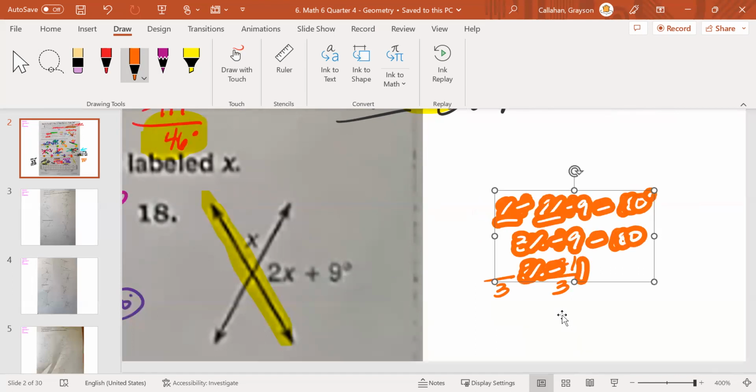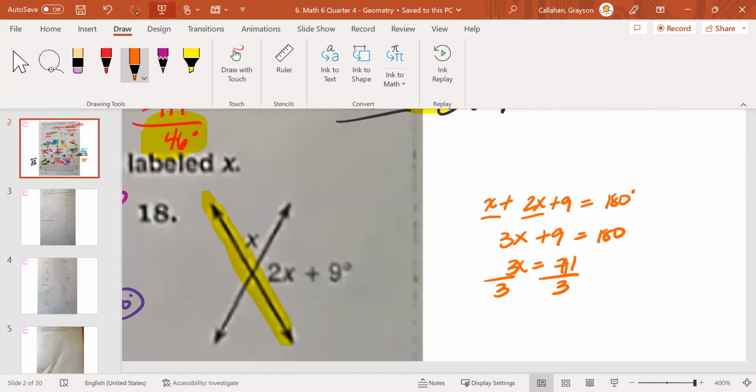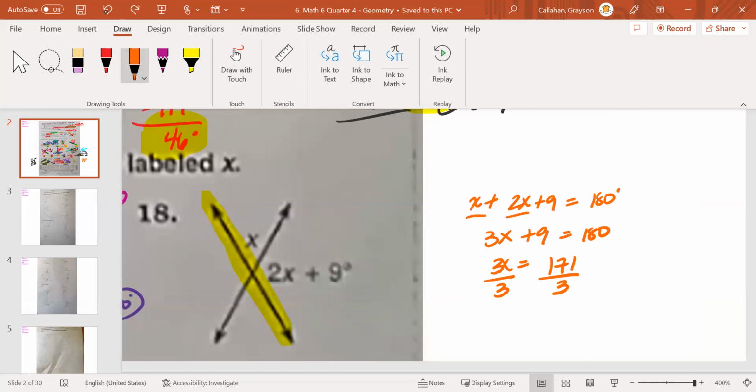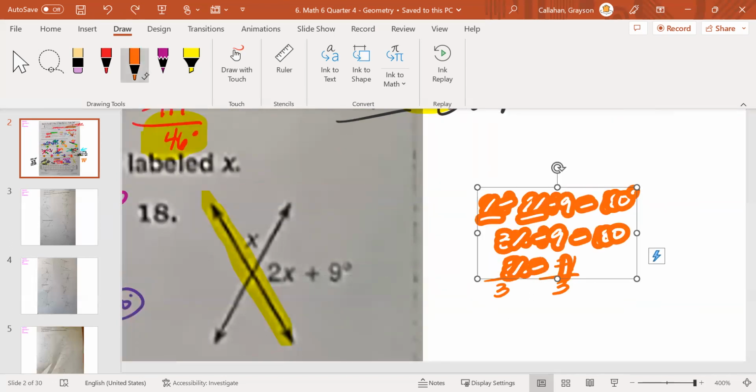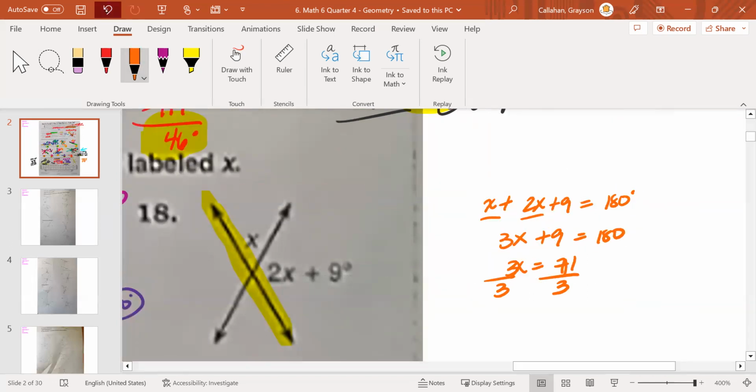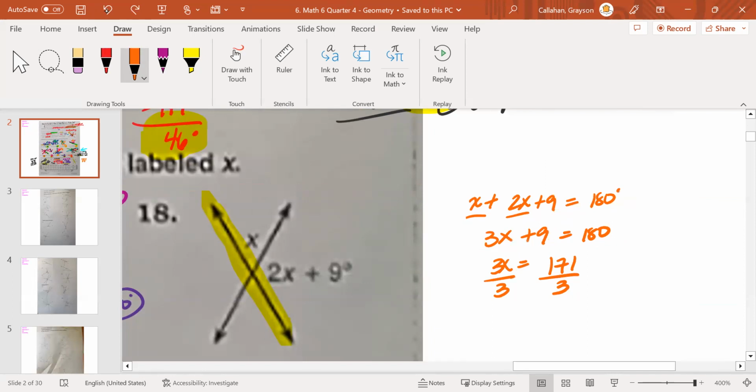Whoops, what happened here? Oh my gosh. X is equal to, my pen is not working. That's great. My pen's not working.